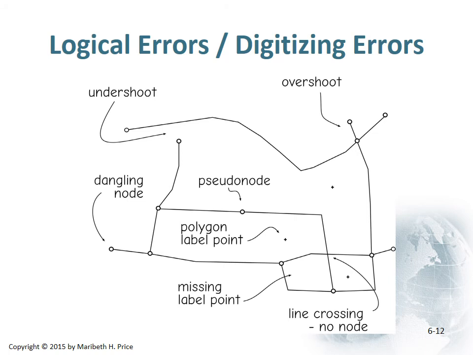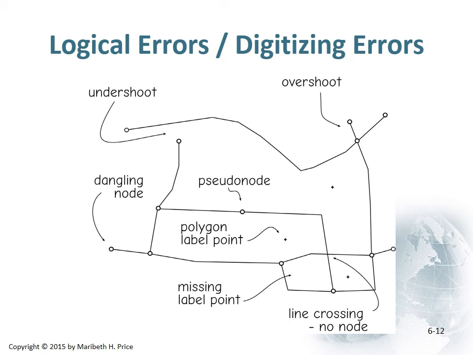Of course, since humans are involved, there's always errors that creep into the production of vector data. Here is a sampling of the types of errors that can occur. I'm just going to throw out the names and describe them a little bit. Undershoots happen when the nodes should have come together and didn't, by not completing a line connection or a polygon connection.